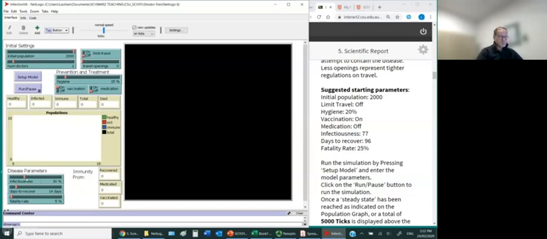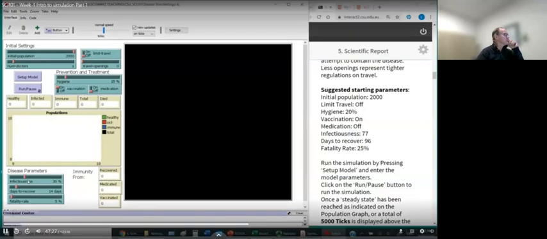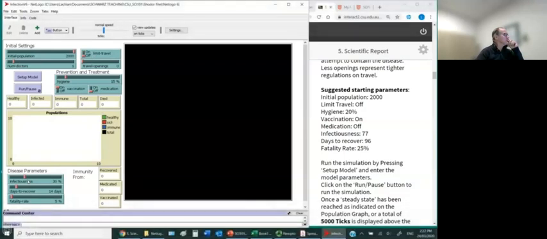We also have some disease parameters. Now, infectiousness. This is set as a percentage. Often in the news these days you'll be hearing about infectiousness based on an R0 value. We're not using that here. The R0 value is the number of people that an infected person will actually infect. I'll talk about COVID-19 again. I think the last I read, an infected person on average will infect 2.6 people, something like that.